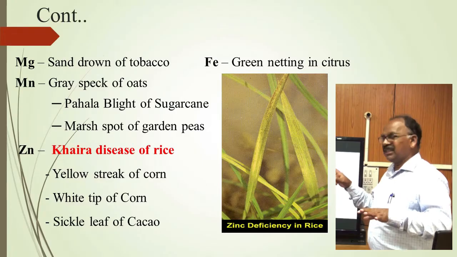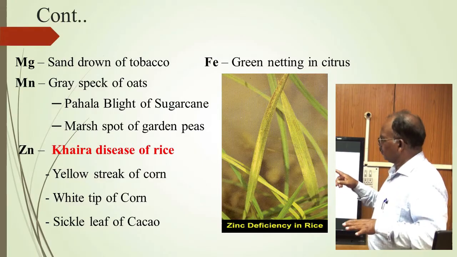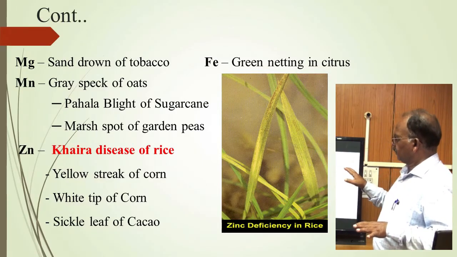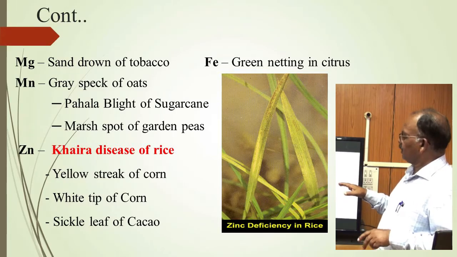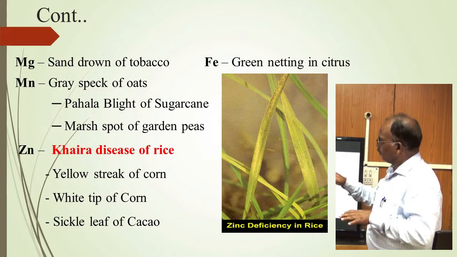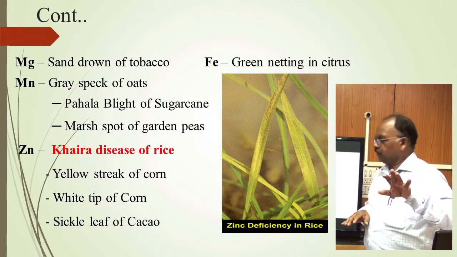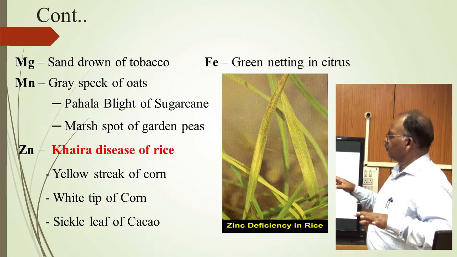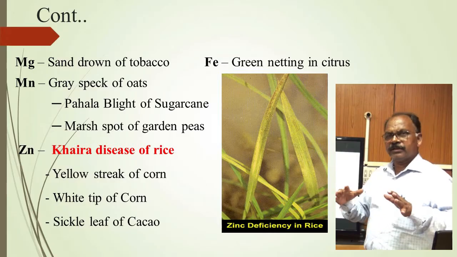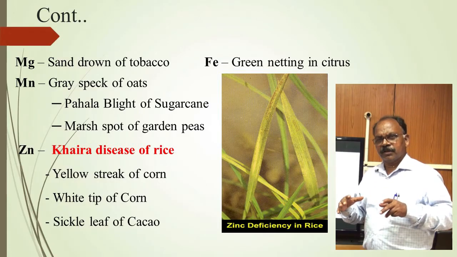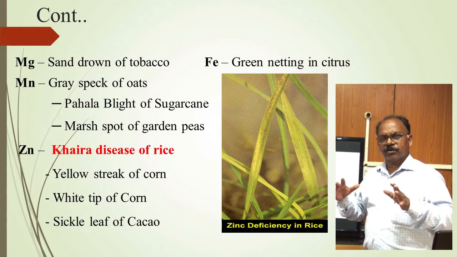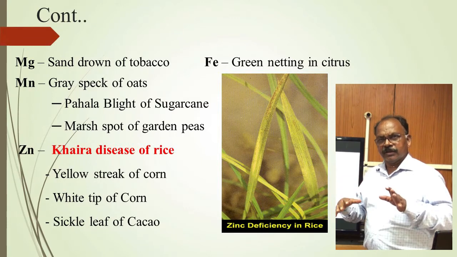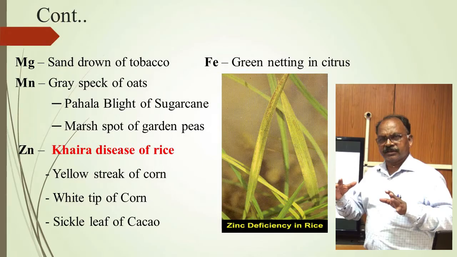Now, due to zinc deficiency, there is the most important one, the Khaira disease of rice, yellow stripe of corn, white tip of corn, and sickle leaf of cacao. Among these diseases, Khaira disease of rice is the most important one. Khaira disease of rice was first reported by Dr. Y.L. Nene in the Tarai region of Uttar Pradesh in the year 1966.